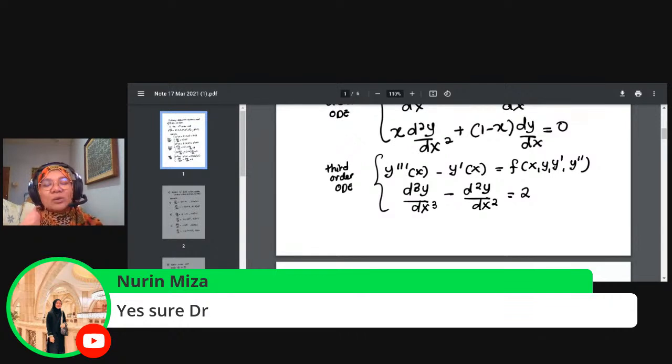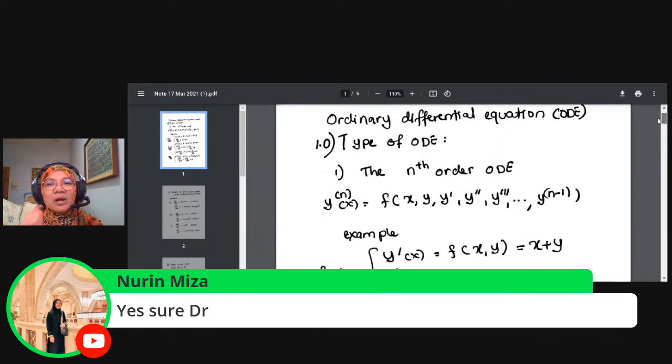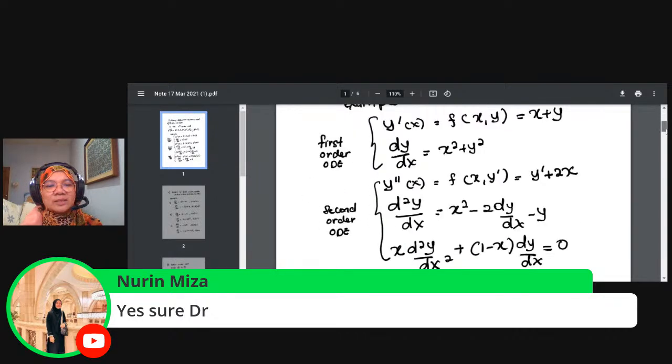So this is a higher order ODE. We are going to learn how to solve higher order ODE using the predictor-corrector Adams-Bashforth method, and we can also apply Euler, Taylor, and Runge-Kutta for solving higher order ODE. All right, so to come back again, these are the types of ordinary differential equation: higher order, first order, second order, third order.